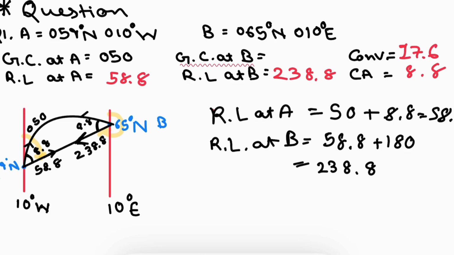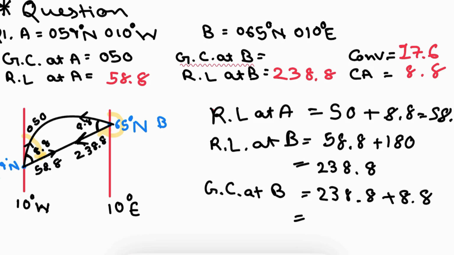So this great circle at B is going to be 238.8 plus the conversion angle of 8.8 degrees, which is 247.6. So we have all the answers that are needed to complete the question.